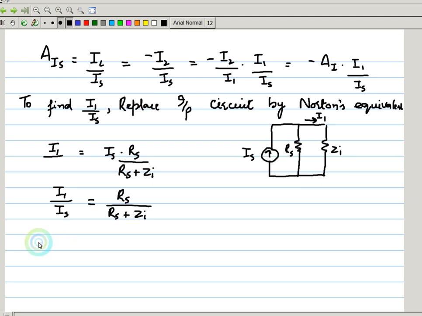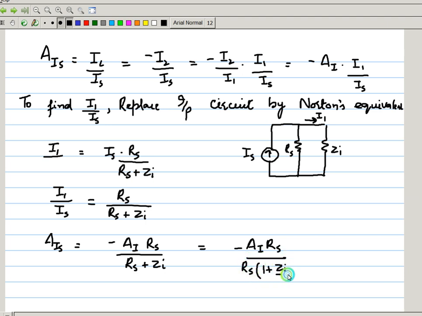Very simple. And we will find the formula AIS as minus AI into Rs upon Rs plus Zi. Now we can further simplify it as AI into Rs divided by Rs, taking it common, 1 plus Zi by Rs.